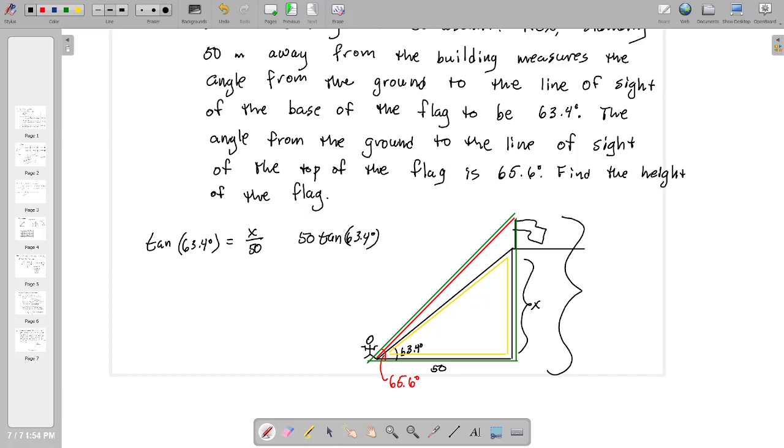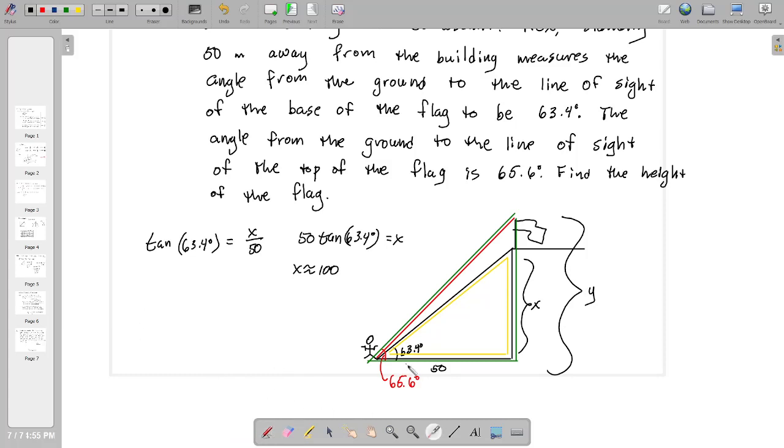Tangent of 63.4 is approximately 2. So x will be approximately 100 meters. Now again, that's only the height of the yellow side. Let's call this one y, so we can figure that one out. That's the height of the green side.